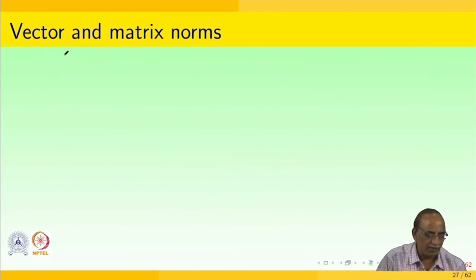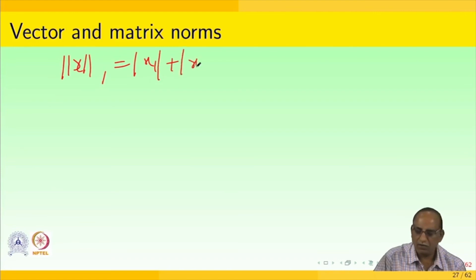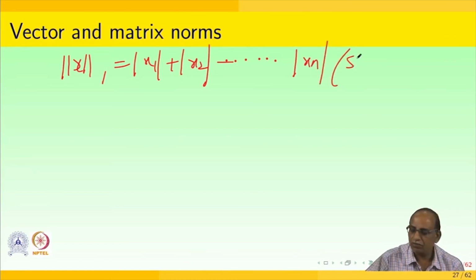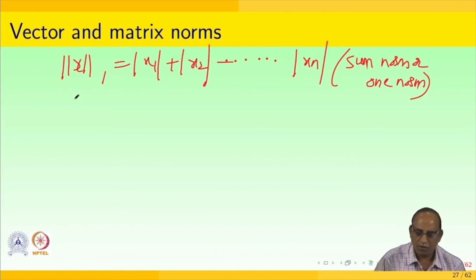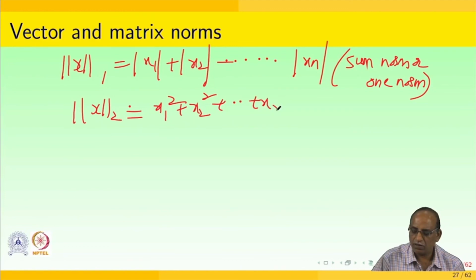So you can also write the norm of x sub 1 as x1 plus x2 up to xn in absolute values, the sum norm or one norm. And similarly the norm of x sub 2 is the square root of x1 square plus x2 square up to xn square.